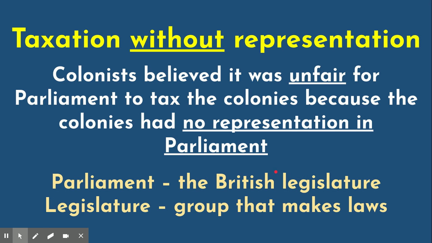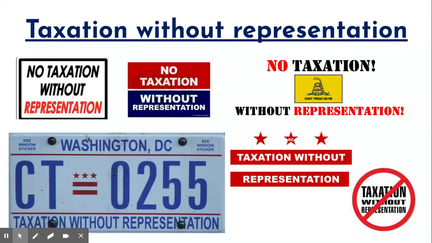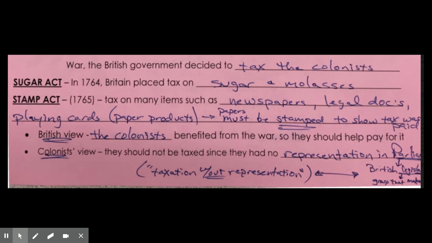Parliament, the British legislature, remember, a legislature is a group that makes laws. So Parliament was made up of representatives from lots of parts of Britain, but no representatives from the colonies. So the colonies feel like they are being taxed, but they cannot give their consent. They cannot give their permission. They cannot agree to this. So therefore, it is taxation without representation, which they think is unfair.